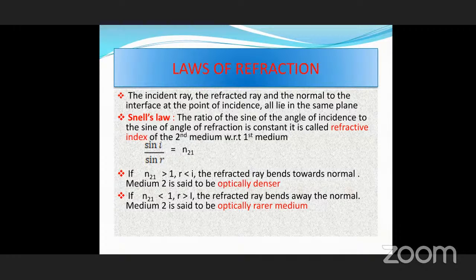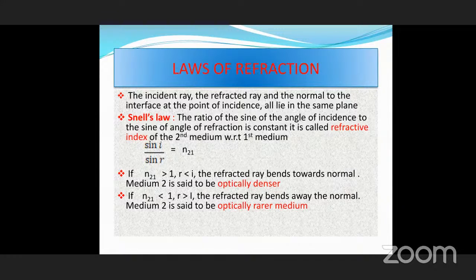So where R is less, in that second medium, the medium is called optically denser. Actually, the refractive index is taken as the ratio of the velocity of light in the vacuum or air to the velocity of light in that particular medium. Understand?